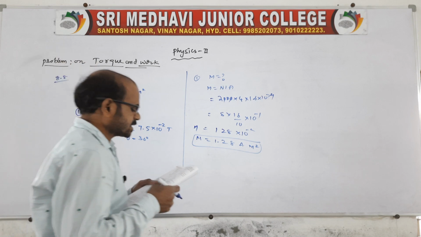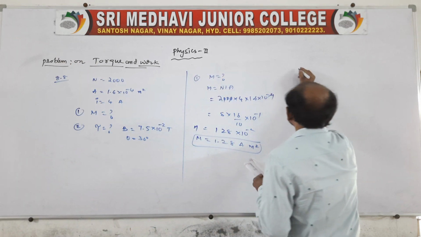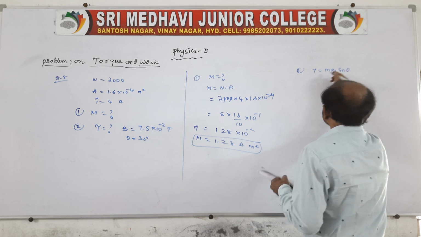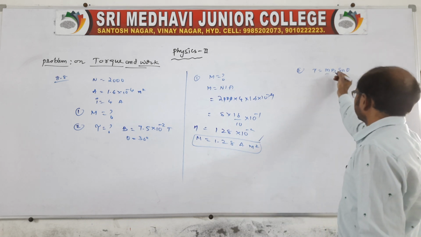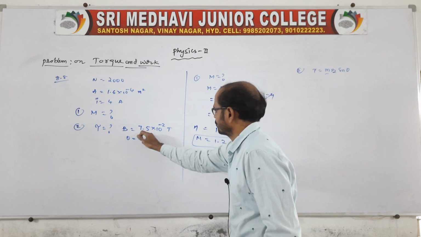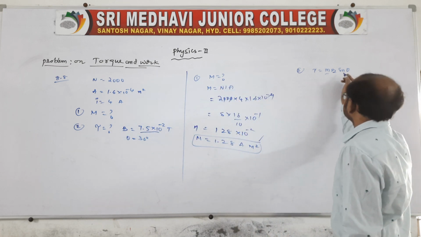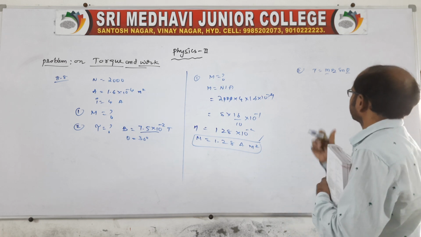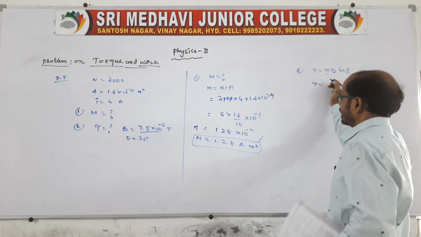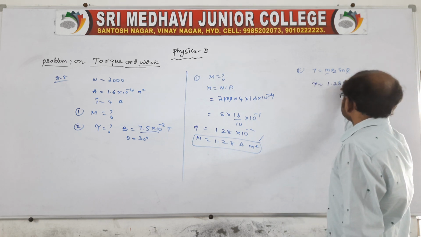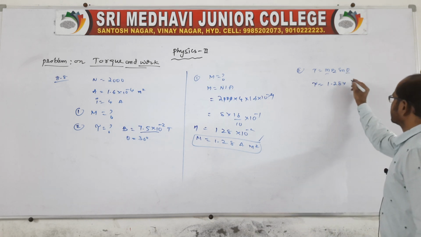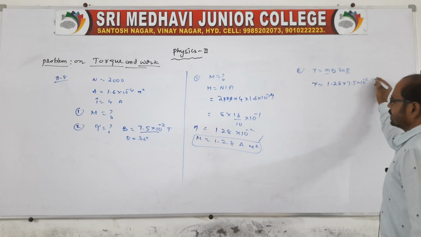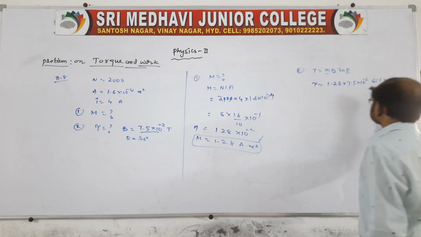Coming to the point, it is also asking torque. Second, tau is equal to MB sin theta. We know M, the field is given 7.5 into 10 power minus 2, and the angle is given 30 degree. So substitute all the values here to get torque. M is 1.28, B is 7.5 into 10 power minus 2 into sin 30.